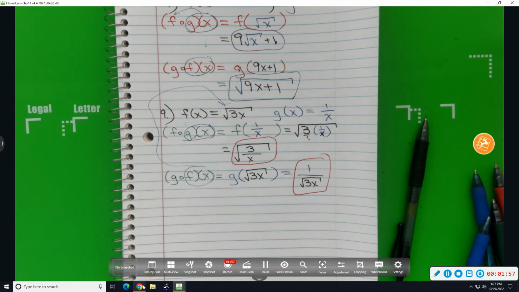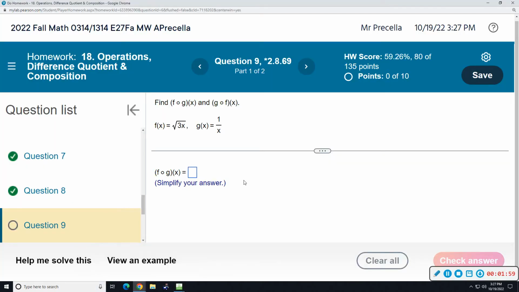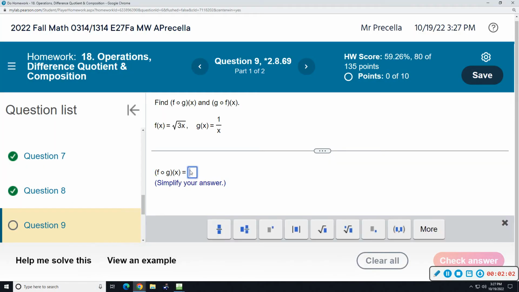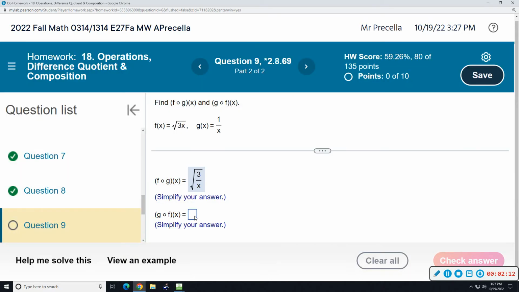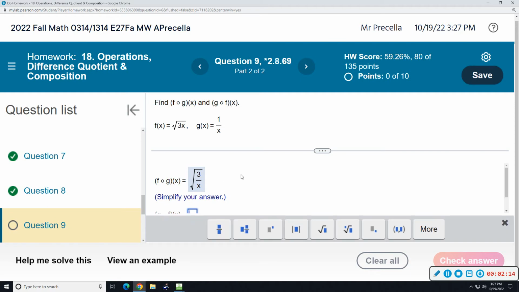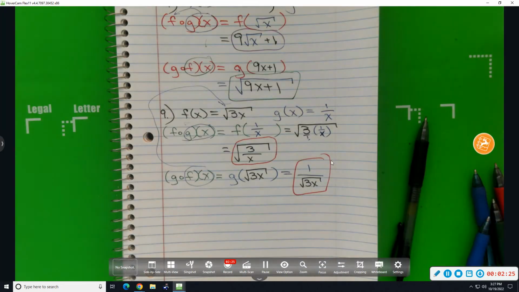Let's see. So, for f composed with g of x, we had the square root of 3 over x. And for g composed with f, y'all tell me, what do you think I'm going to click on first? Remember what we're trying to enter is 1 over the square root of 3x.